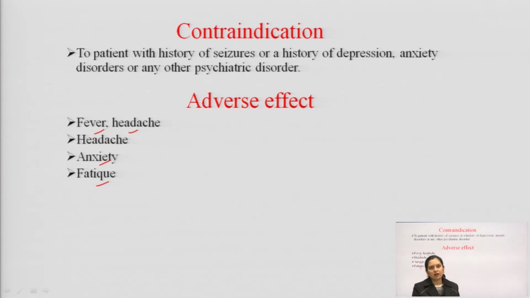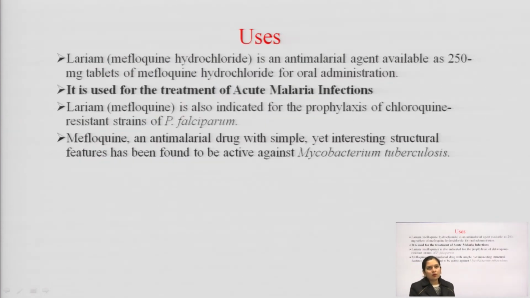If we talk about the uses, Lariam is a drug that contains mefloquine hydrochloride, an antimalarial drug available as a 250 mg tablet of mefloquine hydrochloride, active on oral administration. It is used for the treatment of acute malarial infections.